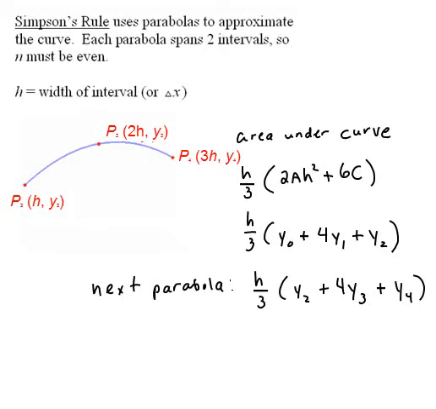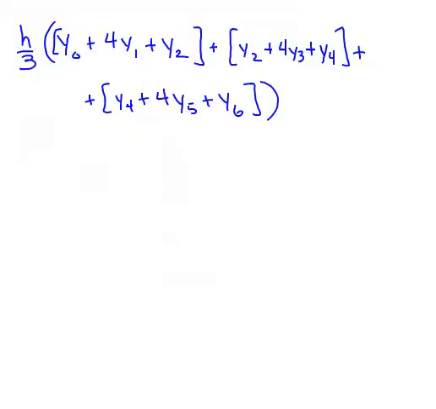And the area under the next parabola could be expressed as h over 3 times y4 plus 4y5 plus y6, and so on. Adding those areas together and taking out a common factor of h over 3, I get this.